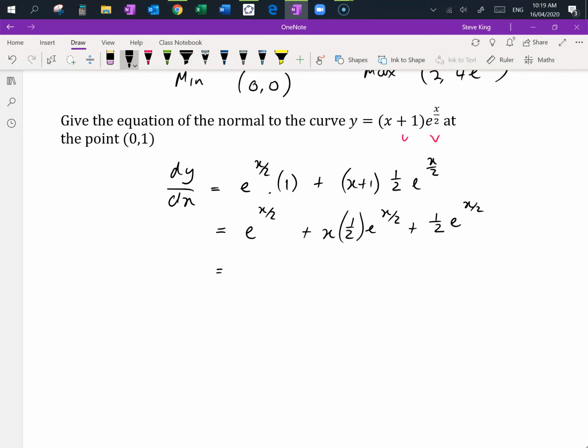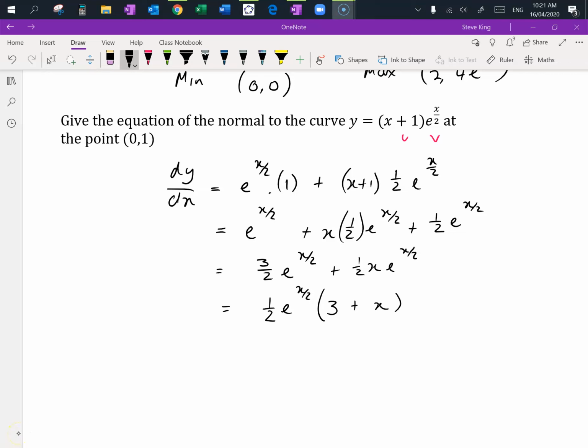So in other words, I'm going to have 3 over 2 e to the x over 2 plus a half x e to the x over 2. If I go and factorize that, I can take out a half e to the x over 2, and I'm going to be left with 3 plus x equals my derivative.